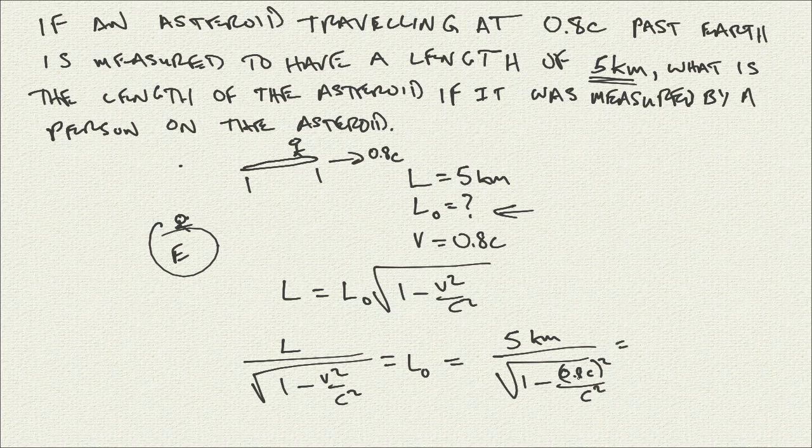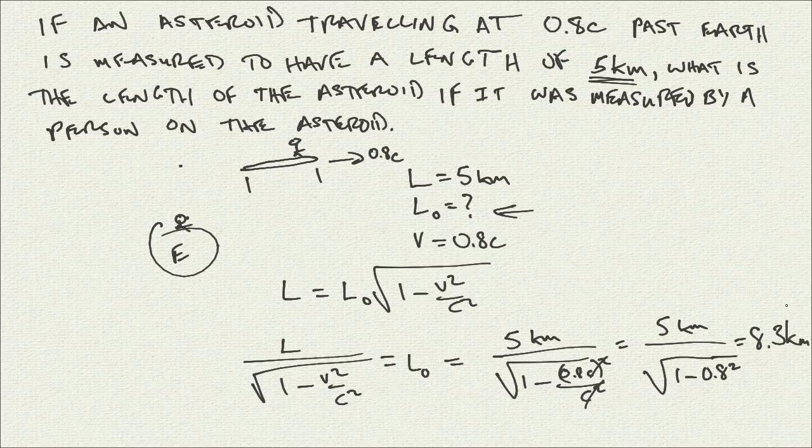The c squareds cancel out, and we're left with 5 kilometers divided by the square root of 1 minus 0.8 squared. Don't forget this. Not only is the c squared, but the 0.8 is squared. So that would give us a value of 8.33 or 8.3 kilometers.